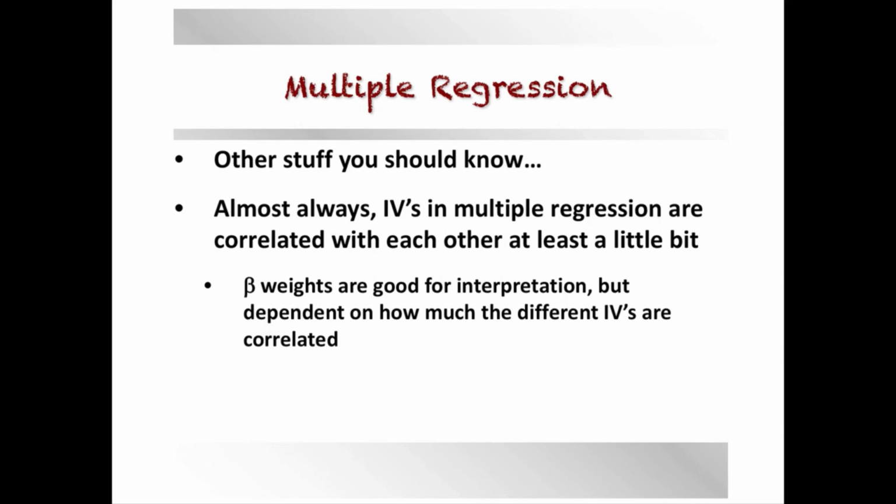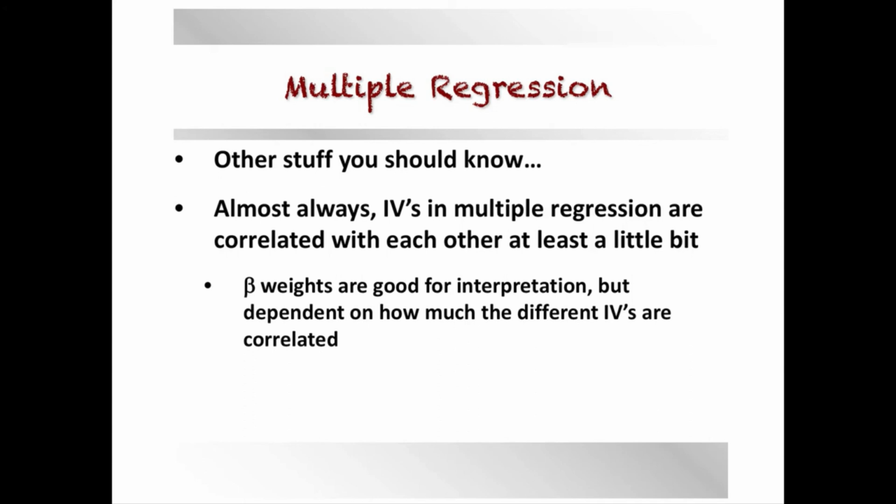It's sort of like running two separate regressions. You could run one regression with one IV by itself, then a second regression, removing that one and adding in the second IV by itself. That's equivalent to a multiple regression when both IVs are uncorrelated with each other.